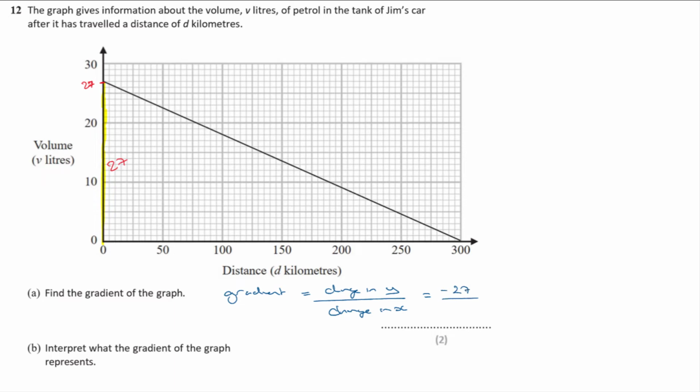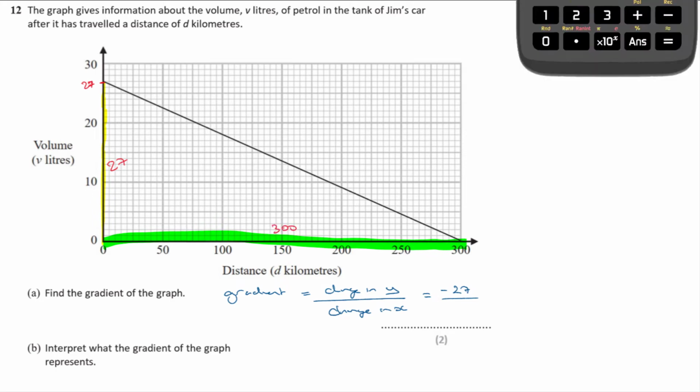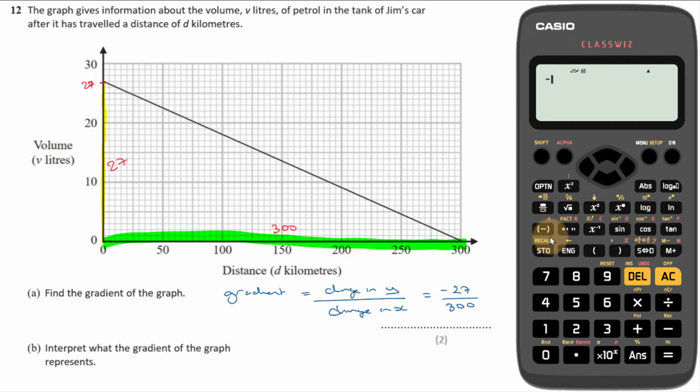So the change in y is in a negative direction. Change in x is this distance from 0 up to 300. So that's easy to work out. That's just 300. So we're going to be dividing by 300. So what is minus 27 over 300? 27 divided by 300, that is 0.09. So that is 0.09.